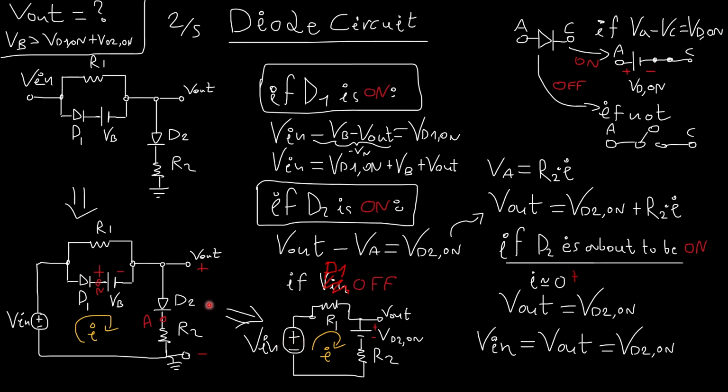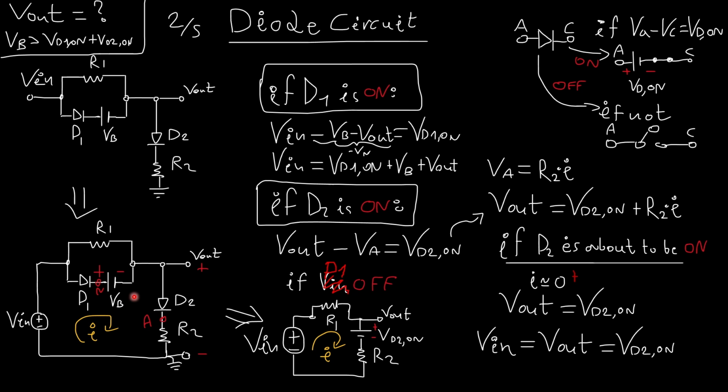And D2 will be on up until one point where the input voltage will be equal to VD1 on plus VB plus some output voltage here. And then D1 will also be on. Alright? If you didn't understand, and if you have something that is not clear to you up until this point, watch this section of the video again. These are very advanced concepts, so it's important for you to understand in depth this methodology.